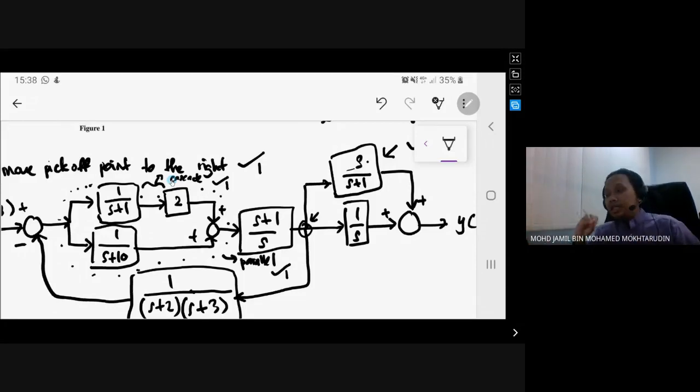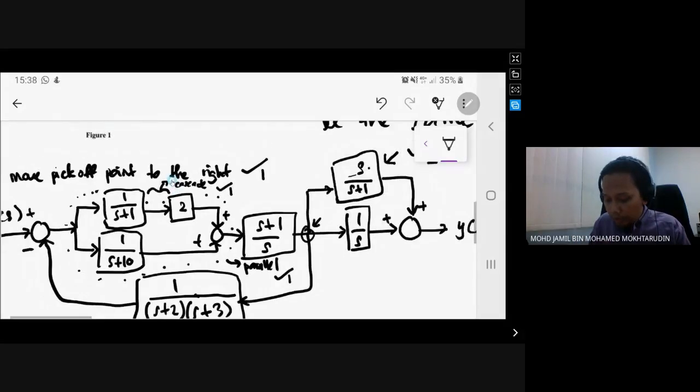You will still get marks, but you need to give your own judgment for marking this. But for me, I will give marks for the other things first before the pick off point, because you are already moving the pick off point in the wrong direction.